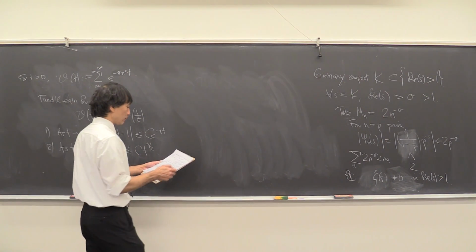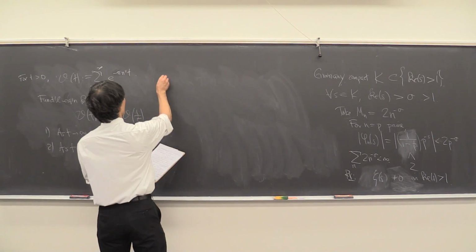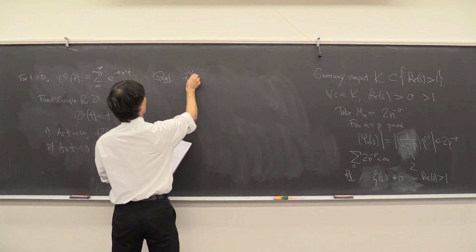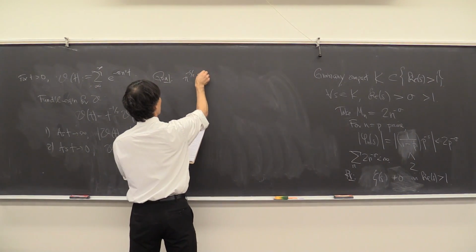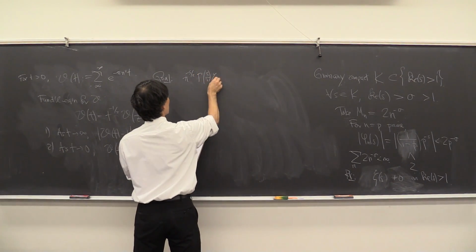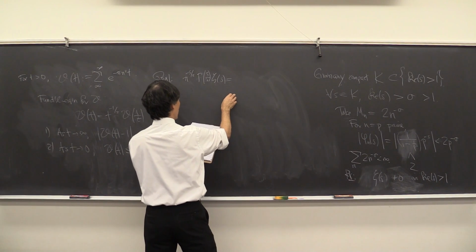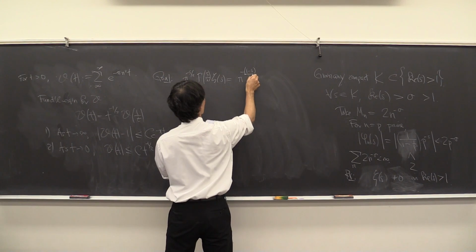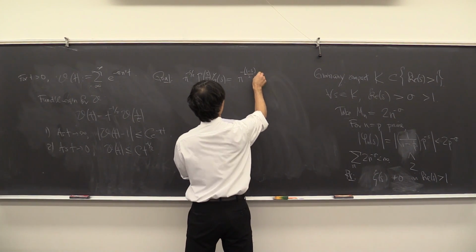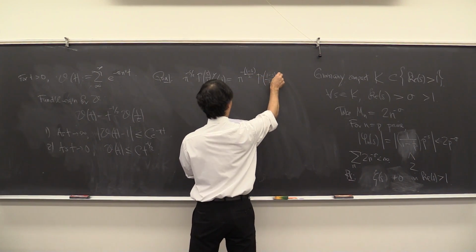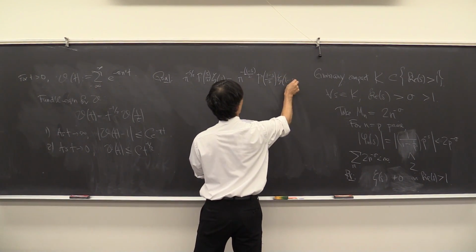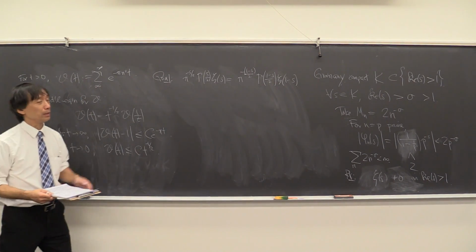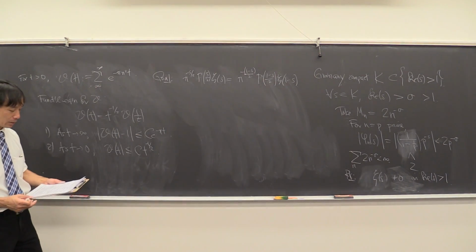The goal was to see that pi to the negative s over 2 times gamma s over 2 times zeta s actually equals pi to the negative 1 minus s over 2 times gamma of 1 minus s over 2 times zeta of 1 minus s. That there was this kind of symmetric relation that these satisfied.